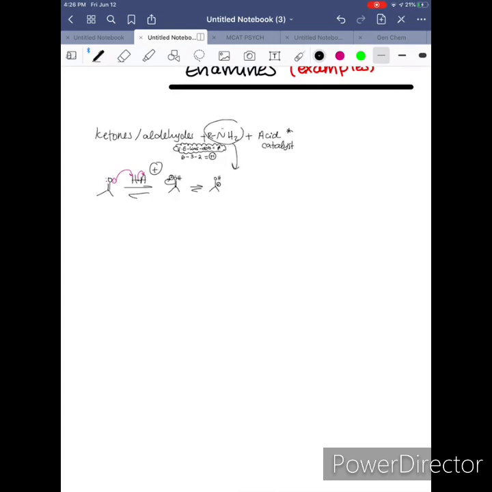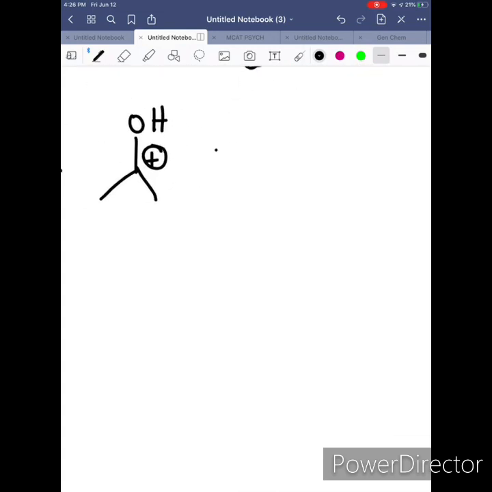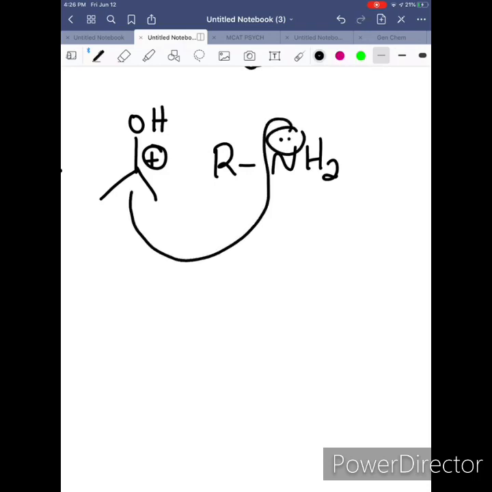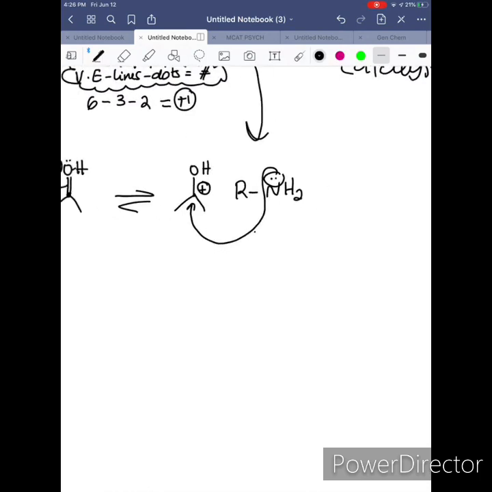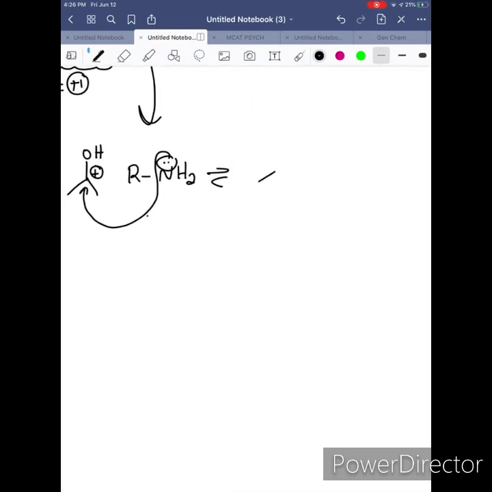And let's go back to our starting molecule. We have an amine, so an R and then an H2 with its lone pair. So then this is going to attack here, right? And you're going to form this bond.